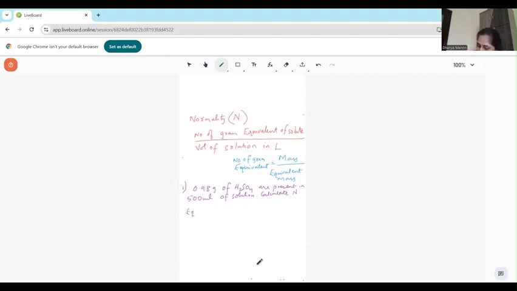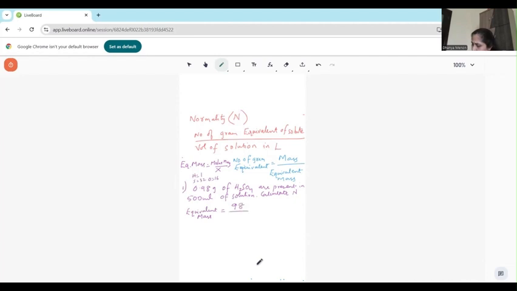I just told the formula: equivalent mass is equal to molar mass by X factor. Molar mass: hydrogen is 1, sulfur is 32, oxygen is 16, so it comes to 2 plus 32 plus 16 times 4, that is equal to 98, by, what is the X factor, students?